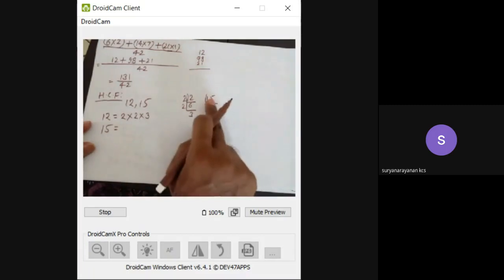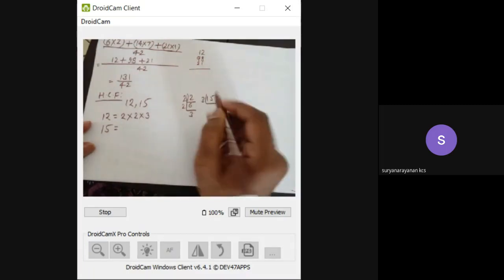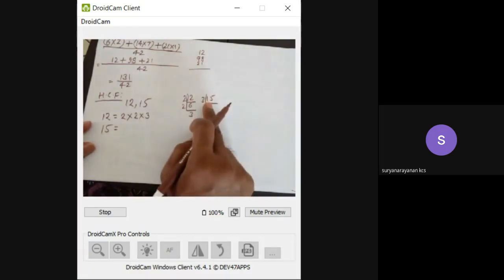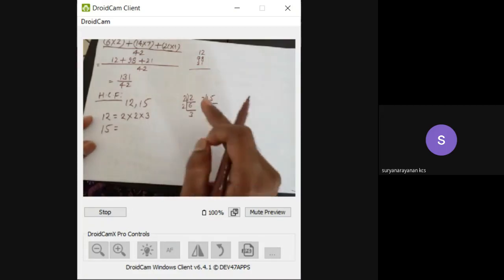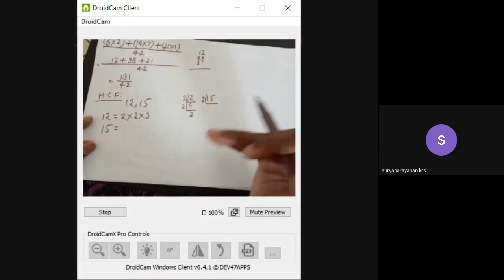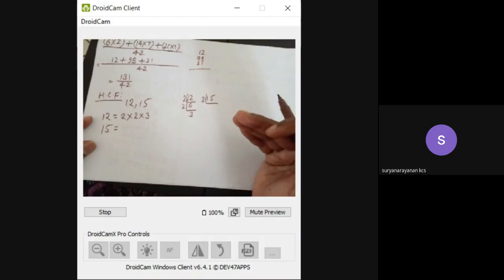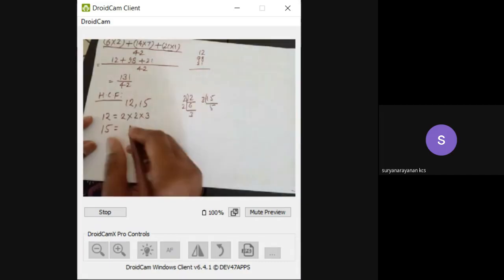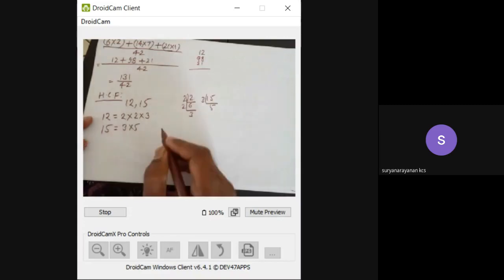Here 2 table is not possible, so 3 table. Don't go directly to 5 table. Don't jump into the bigger number. Remember this point, my children. First go step by step. If a smaller number is not possible, then you go to the next number. So 3 5 times. So 3 into 5.